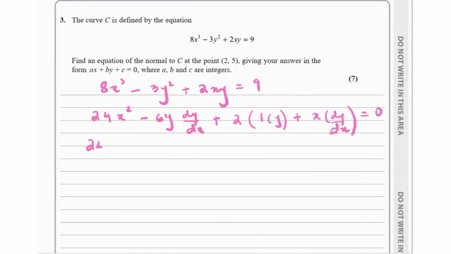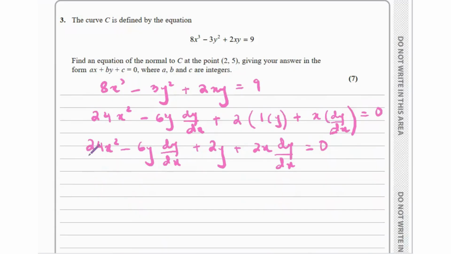So 24x squared minus 6y dy by dx plus 2y plus 2x times dy by dx equals to 0. Now we're going to make dy by dx the subject because that's going to give us the gradient of the equation. So let's isolate dy by dx on one side, everything else on the other side.